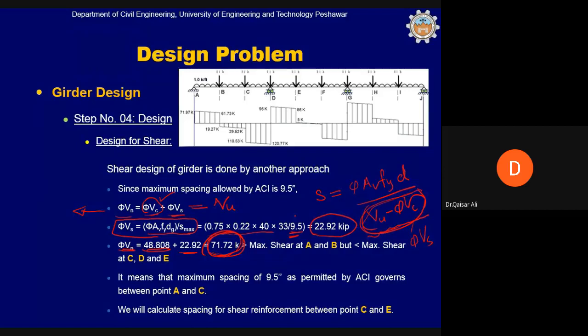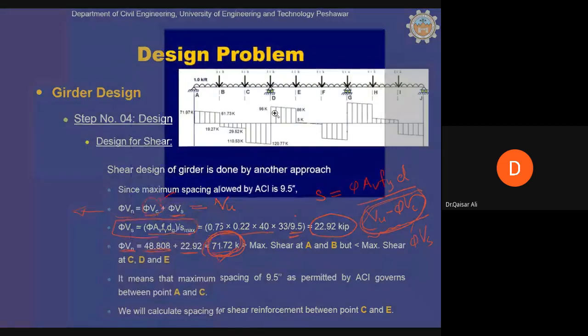So wherever Vu is less than 71.72 kip, this spacing of 9.5 inch will be enough at all those locations. But wherever Vu is greater than this, for that we will calculate the spacing of the stirrups. Now look at the shear force diagram, because it has a lot of values.